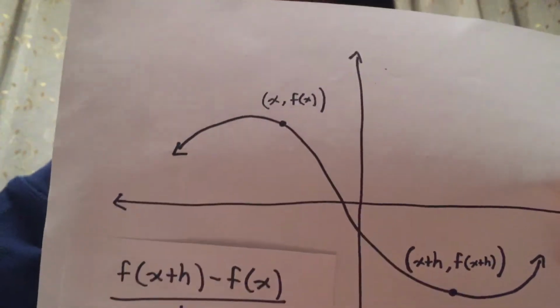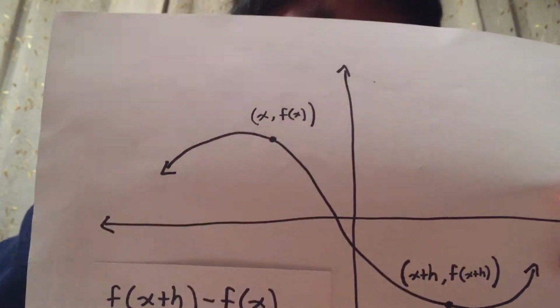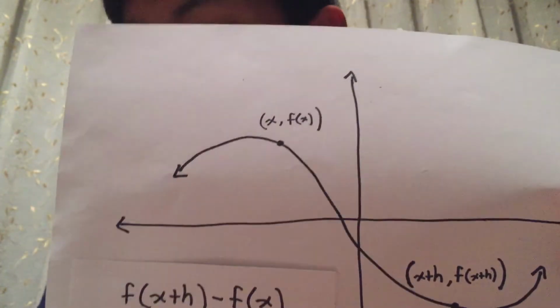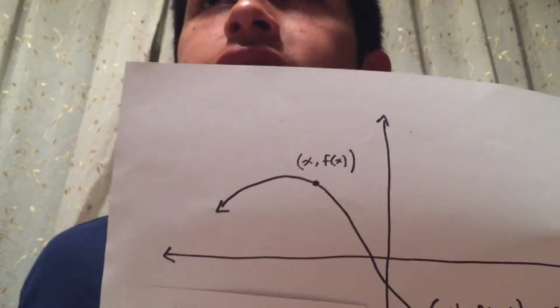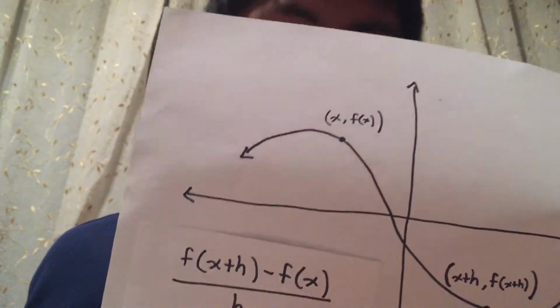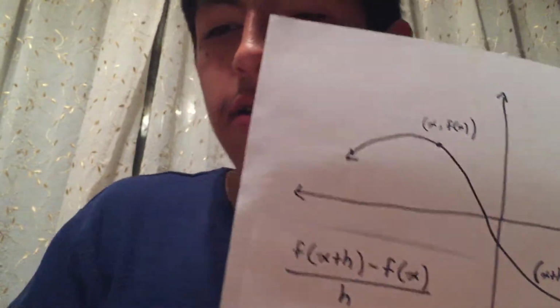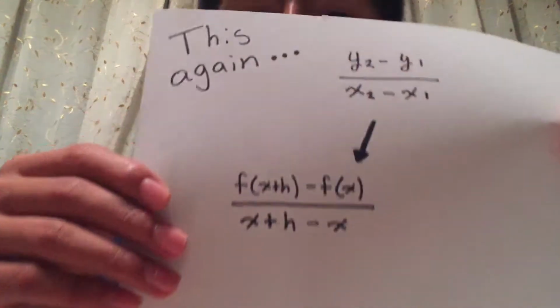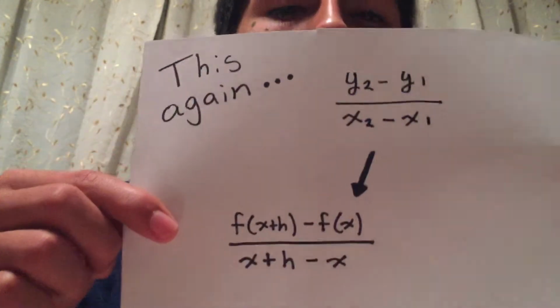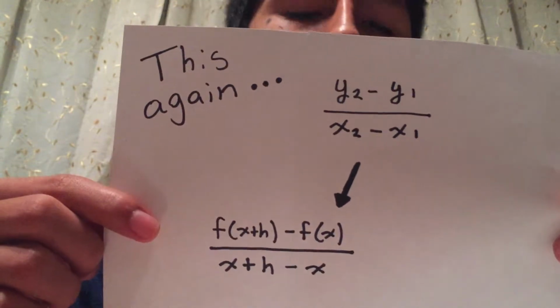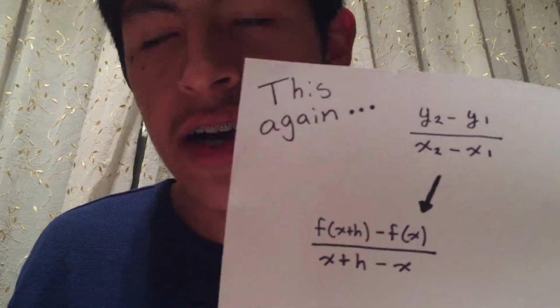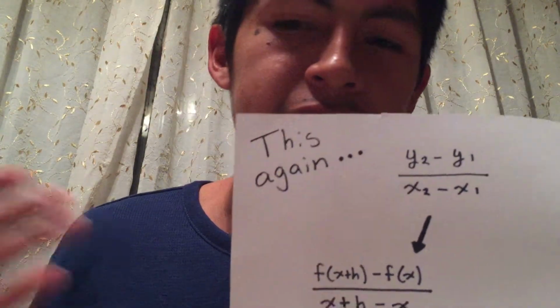What we want to end up using these 2 random points that we have no idea what their values might be for is to find our slope. As you guys know, yes, this again, y2 minus y1 over x2 minus x1 will help us find the slope of any line.